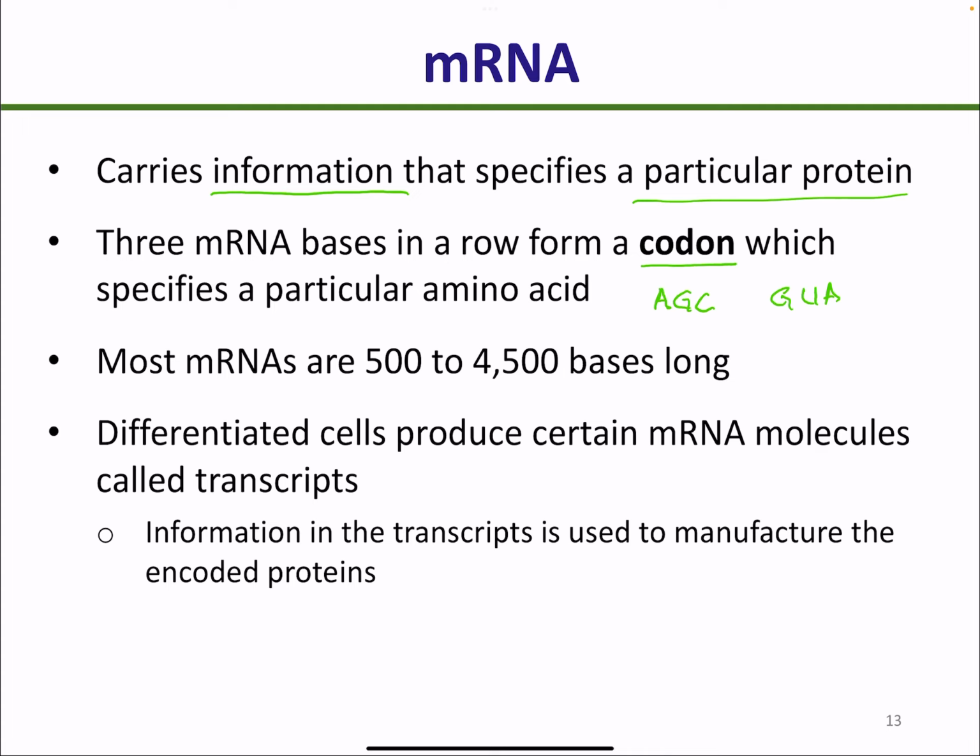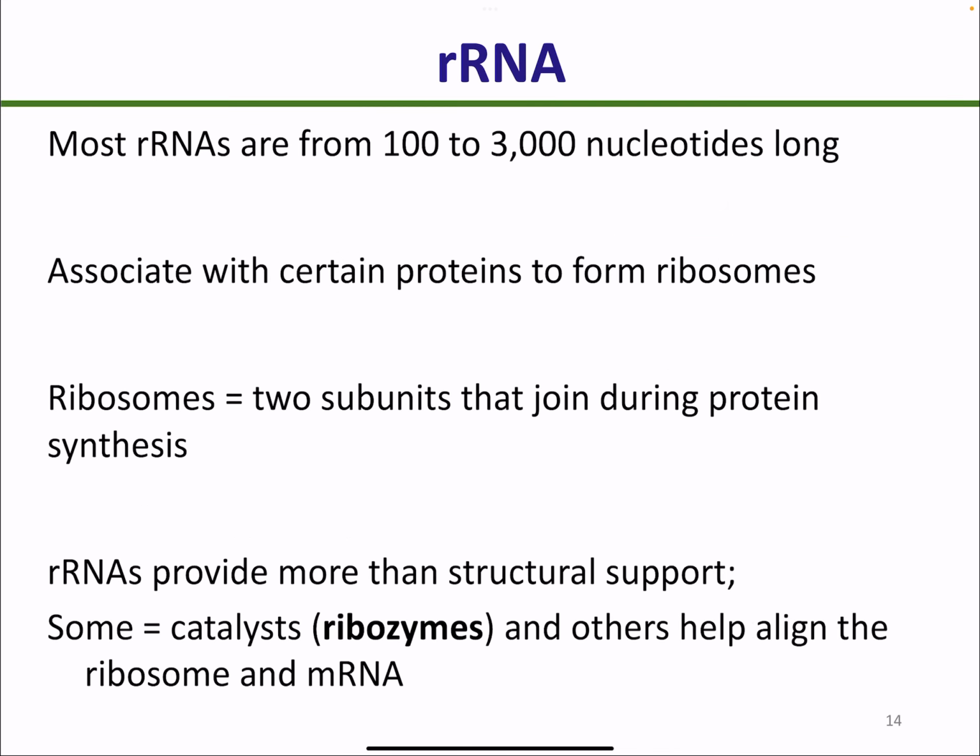And for that reason, some cells are liver cells, other cells are muscle cells, other cells are nerve cells, and so on and so forth. So the information that is in the transcript is the one that is going to be used to produce proteins.